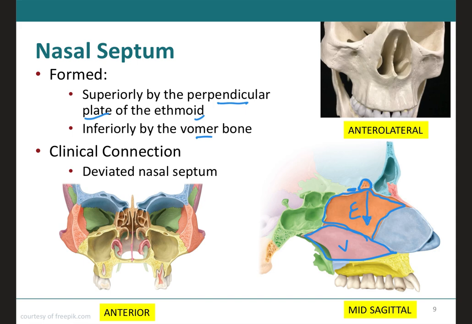So if we were to look at this image over here, all of this is your nasal septum. However, the top part of the nasal cavity, which we can divide right over here, would be the ethmoid bone, more specifically the perpendicular plate of the ethmoid bone, and the bottom half would be your vomer, which is a bone.